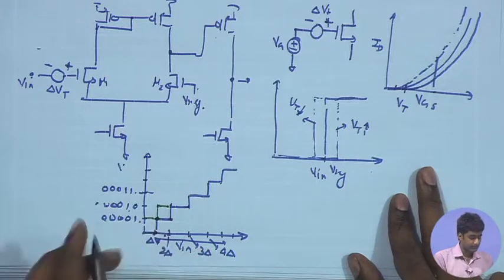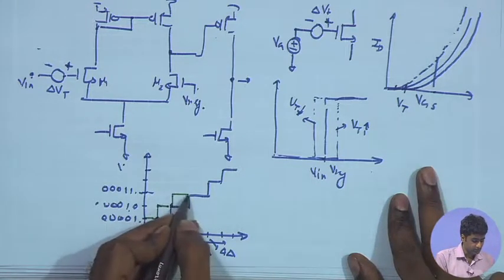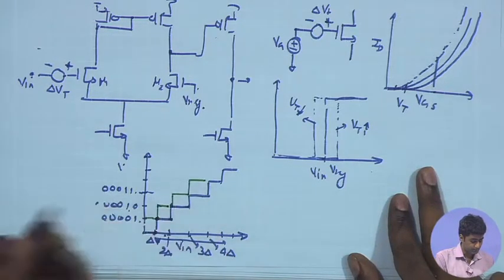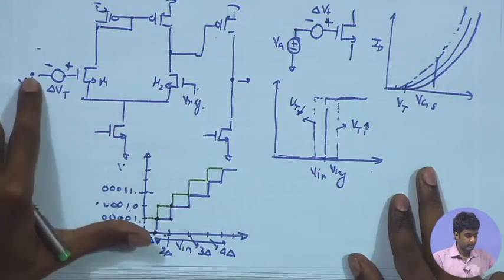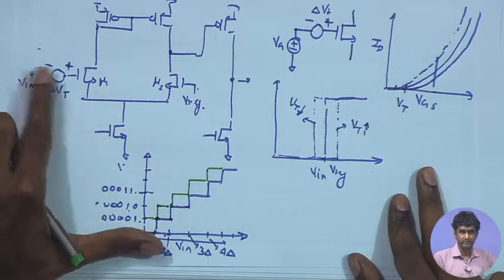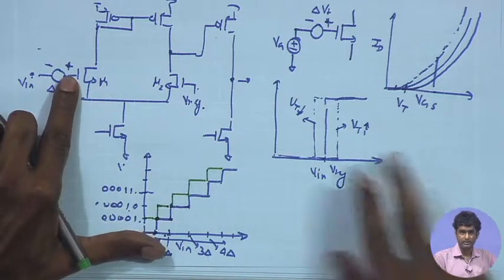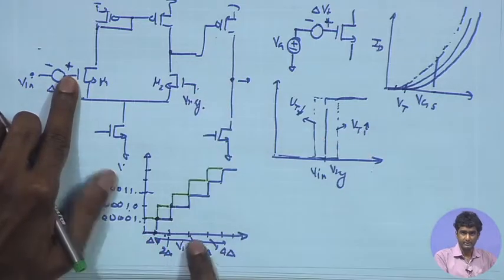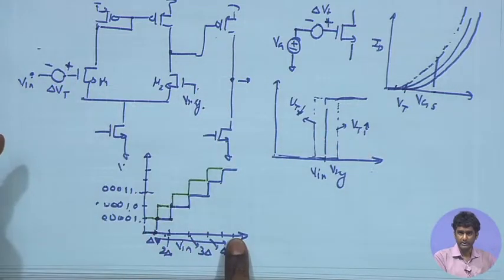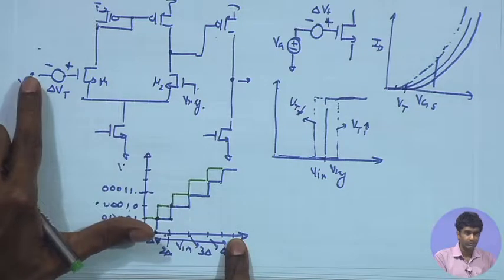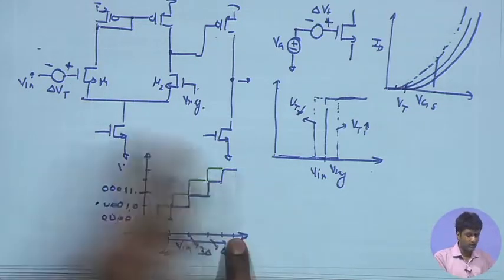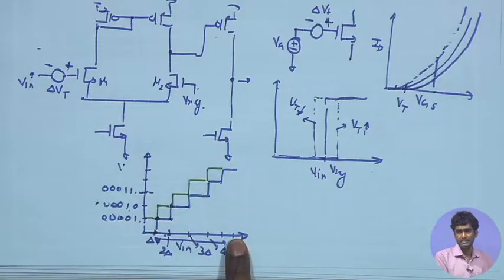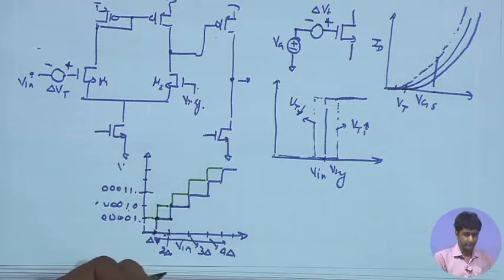So, in that case, the overall characteristic gets shifted towards left, and we have this as the new characteristics, right, because now the signal V in is getting effectively added with this delta Vt, and as a result it will be crossing these delta references for lower values of V in, right. So, effective potential over here becomes V in plus delta Vt in that case, and as a result the whole curve for the ADC characteristics gets shifted towards the left.